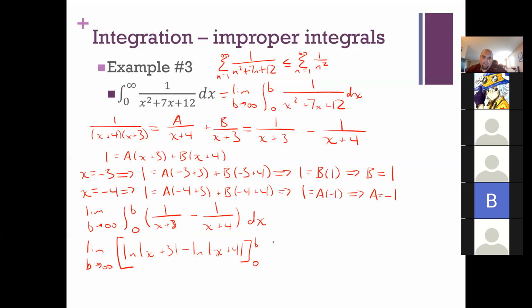So I'm going to go ahead and remind you of something that you probably haven't seen in a while, if my last class was an indicator. But here is something that I am allowed to do. The natural log of x plus 3 over x plus 4.